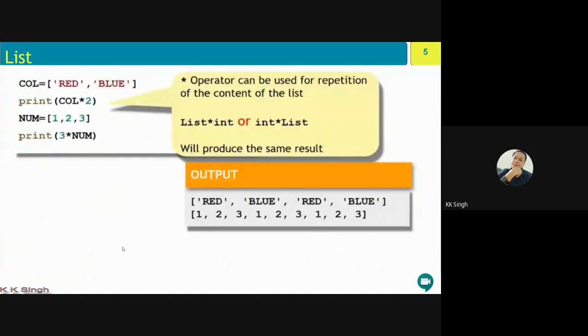Next, like tuple, we can apply the multiplication operator, the star sign, and like tuple, it will also repeat things. Say call is a list of colors, red and blue, and when you multiply call by 2, you are repeating call 2 times. 2 into call and call into 2 are both the same; red and blue will be repeated 2 times.